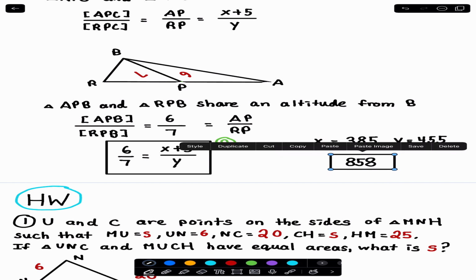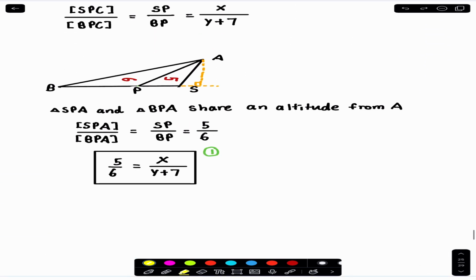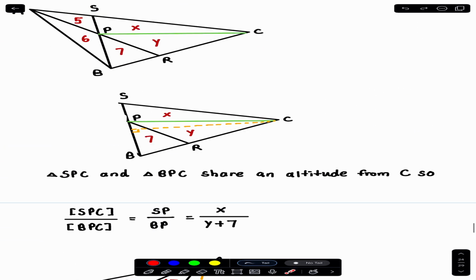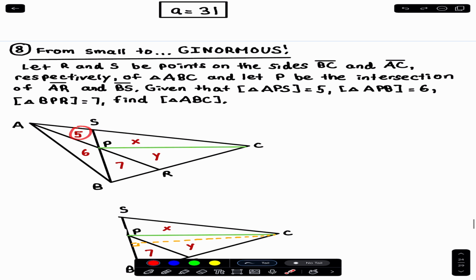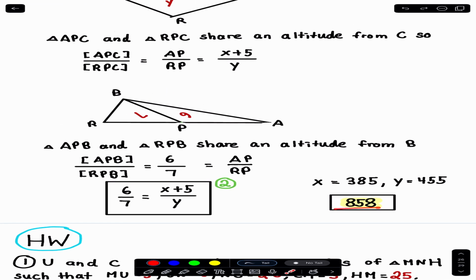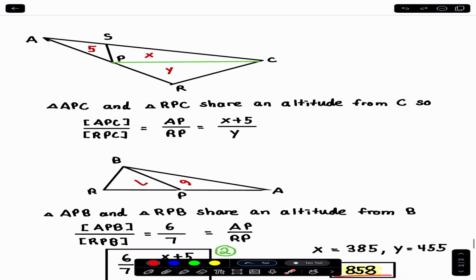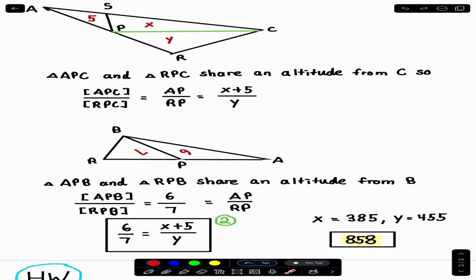I know that sounds crazy, but this is the final answer. 858. So from small numbers, such as 5, 6, and 7, in the end, you can get a big number of 858 for the total area of the triangle. And this is all true from the math, which can be verified. So math does not lie.